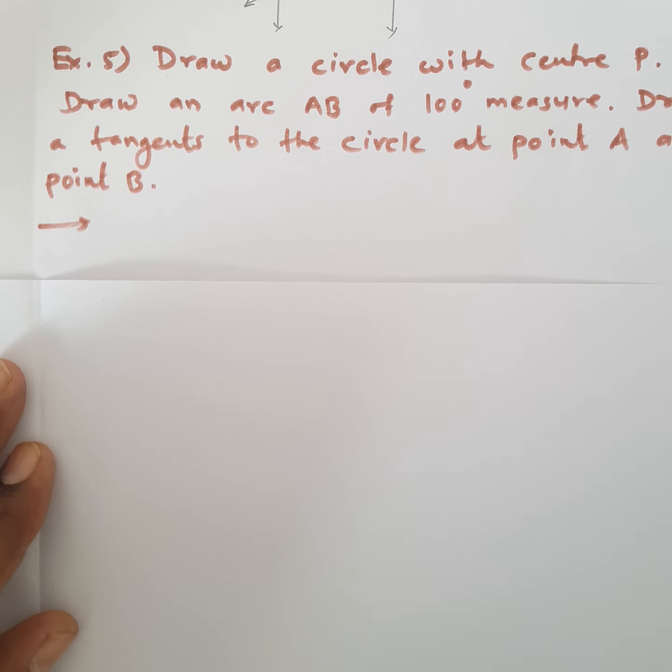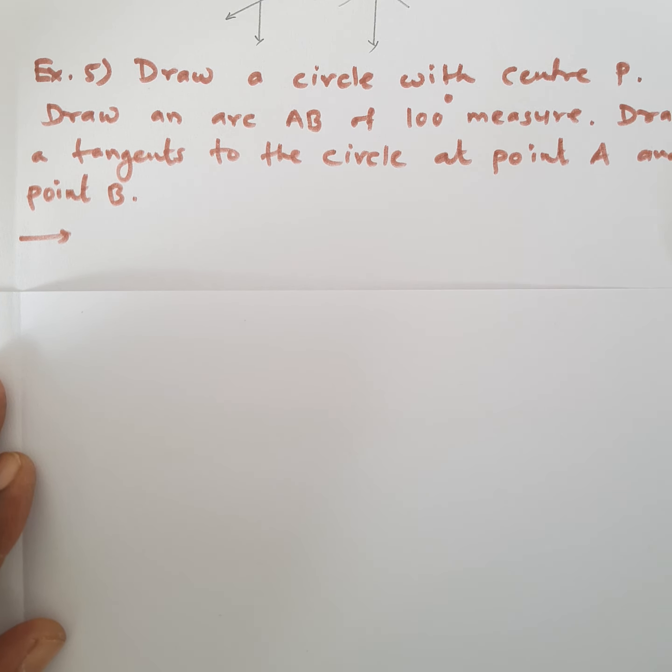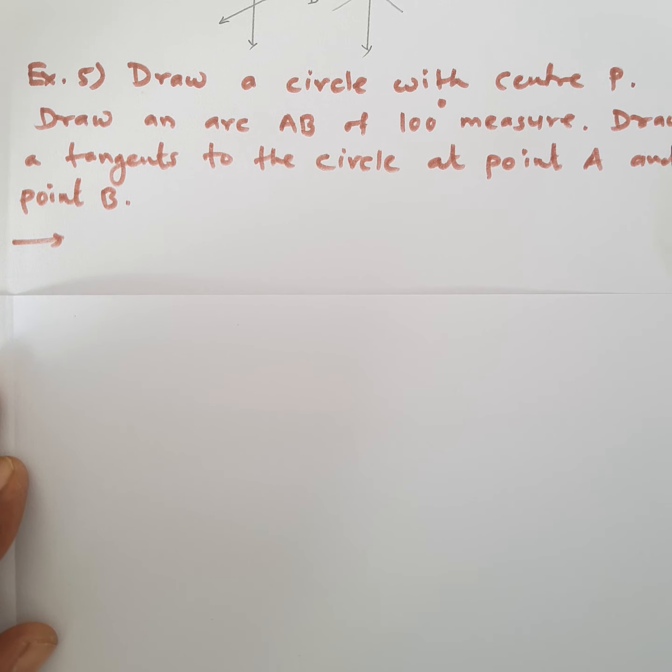Now the next example, the fifth. Draw a circle with center P. Draw an arc AB of 100-degree measure. They have not given the radius of the circle, so we can draw any circle of any radius. Then draw an arc AB of 100-degree measure.